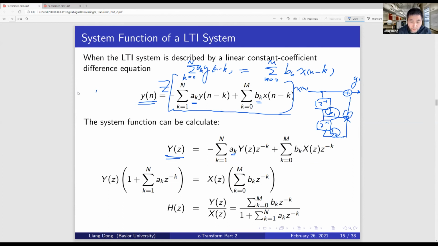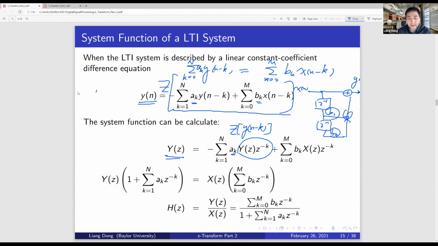This a_k is a constant, so bring it out of the Z transform. And then in here, what I am doing is a Z transform on y[n minus k]. Okay. So what that will give me is Y(z) times z to the power negative k.